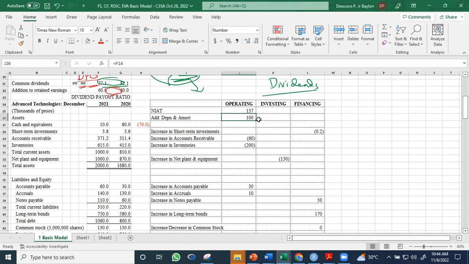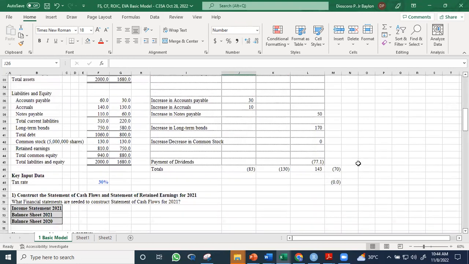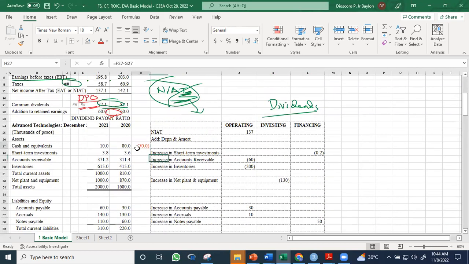What do I do with the 100 here? Minus, okay. All right, so we delete this, right? Because we are overstated by 100. Okay, so I now delete this, right? All right, negative 70, negative 70.